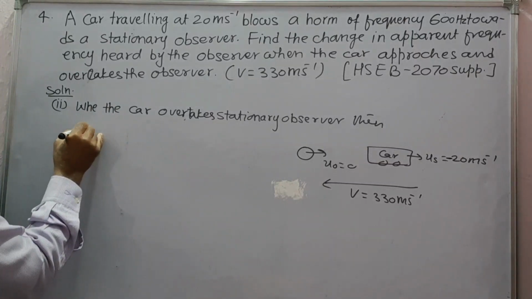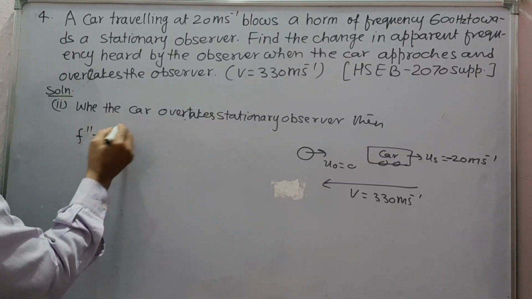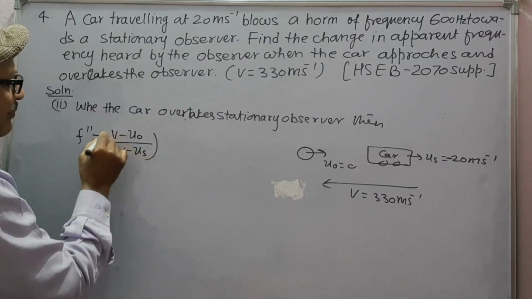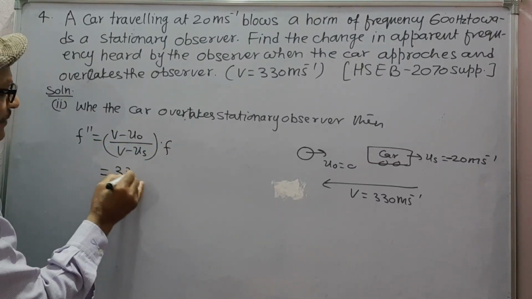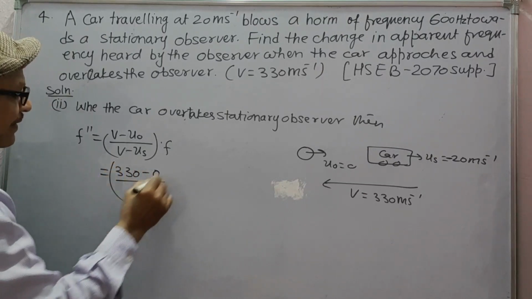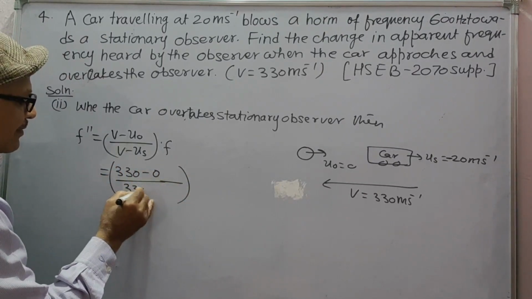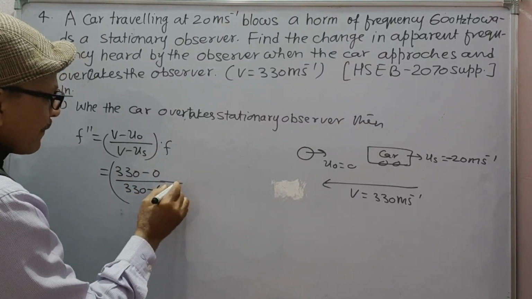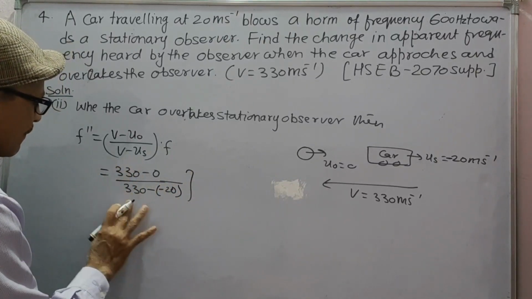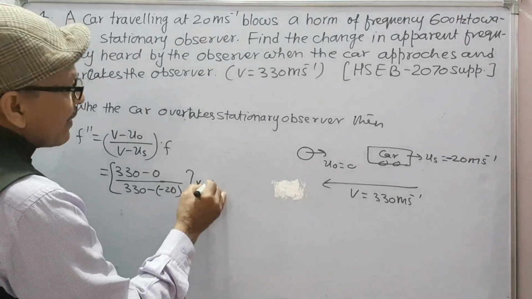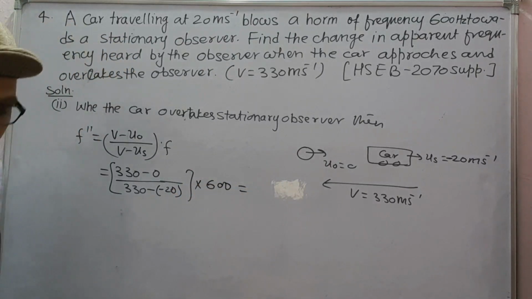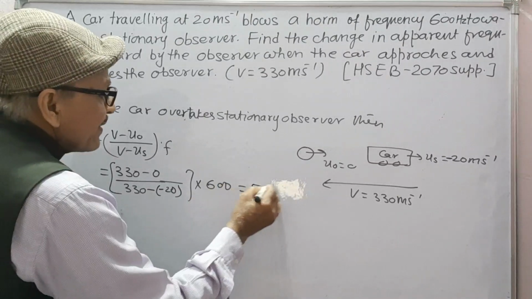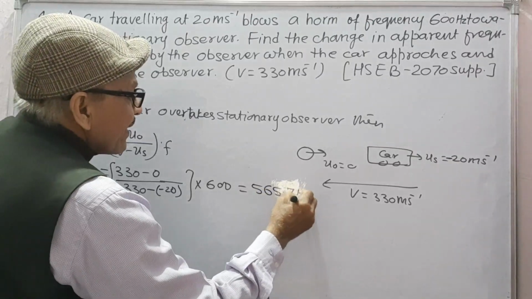Therefore, apparent frequency in this case will be (V minus UO) upon (V minus US) into F, 330 minus 0 upon 330 minus 20 into 600, which gives 565.7 Hz.